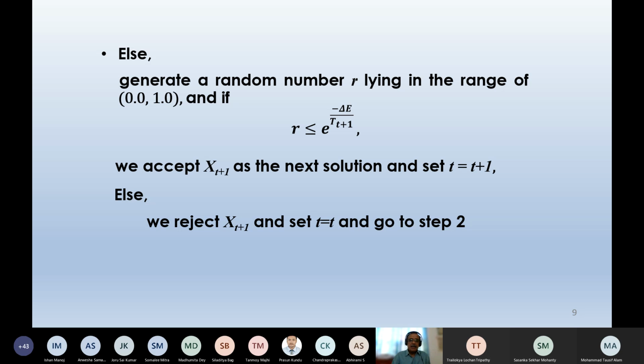Now if this particular condition does not hold good, else we reject x t plus 1 and set t equals to t and go to step 2. So this is the way we accept or reject the solutions in simulated annealing.